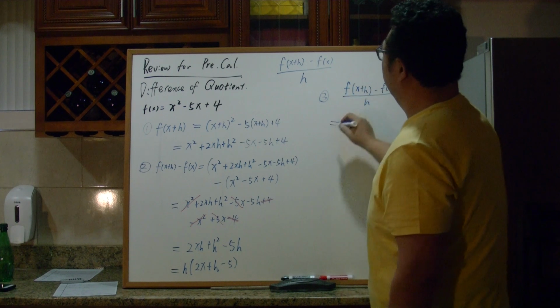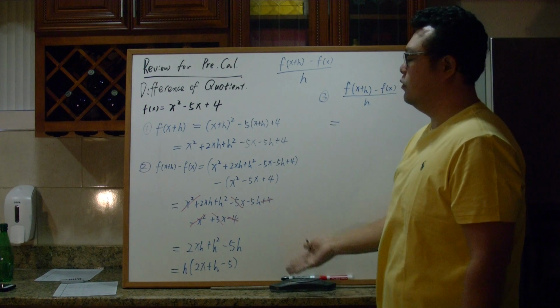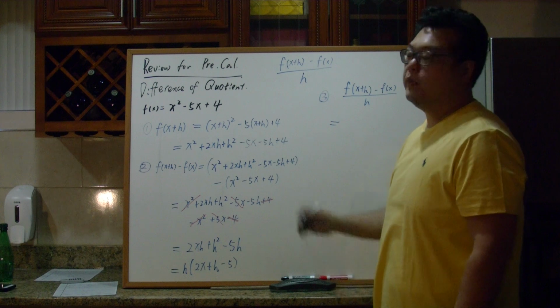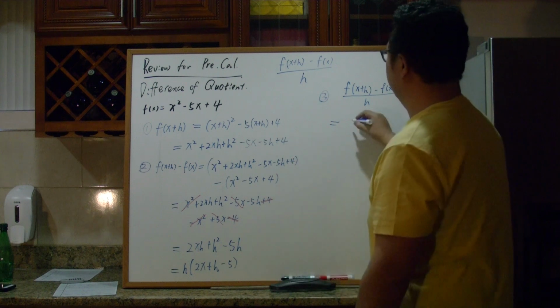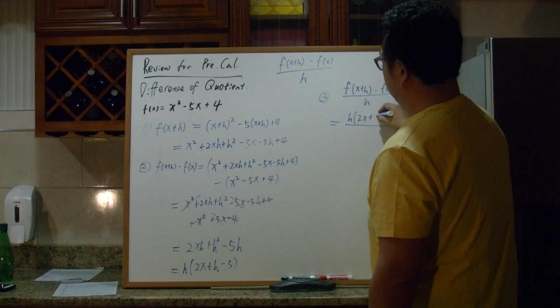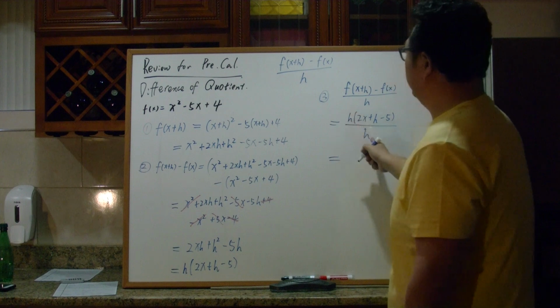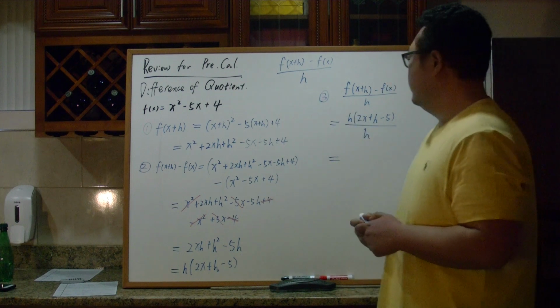We have the first step, which is f of x plus h. The second step, we wrote down the quotient and simplified towards the end. The third step, we're able to just cancel the h out.